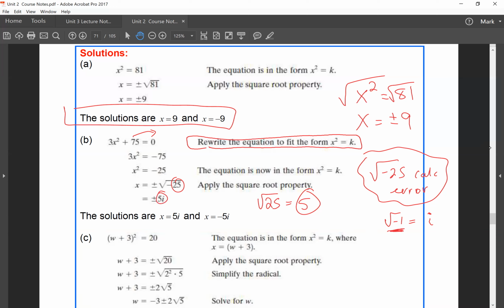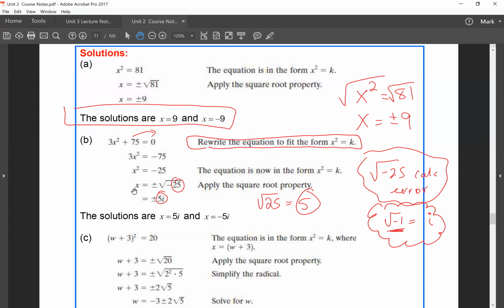So if you're wondering where the 5i comes from, it's because the square root of a negative number is i. The square root of negative 1 is i. So the square root of negative 25 is 5i, and this represents an imaginary number.